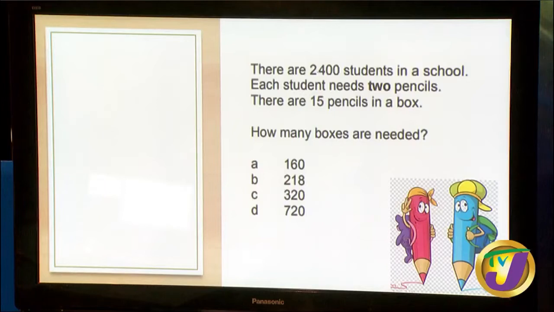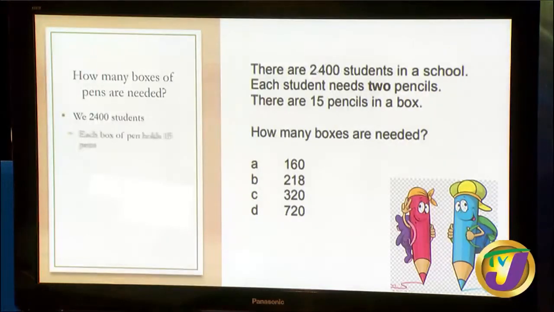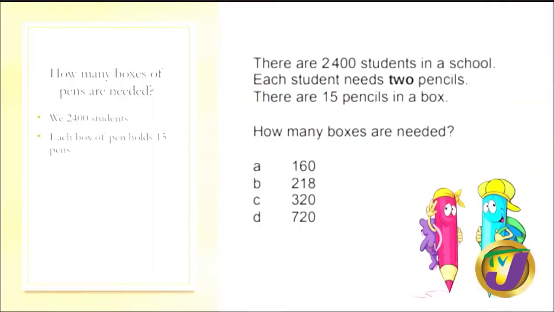Correct, 2,400. Now, how many pencils must each student get? 2. All right, that means we need to look at how many pencils are in each box. There are 15 pencils to a box. That means we will have to divide 2,400 by groups to see how many groups of 15 we can get from it. And when you do that, you get 160.